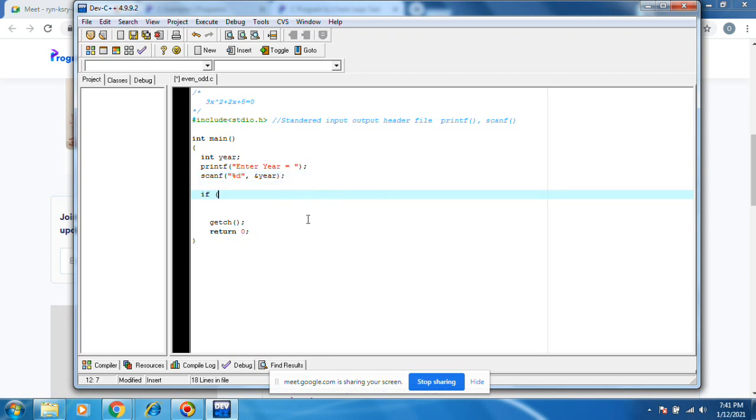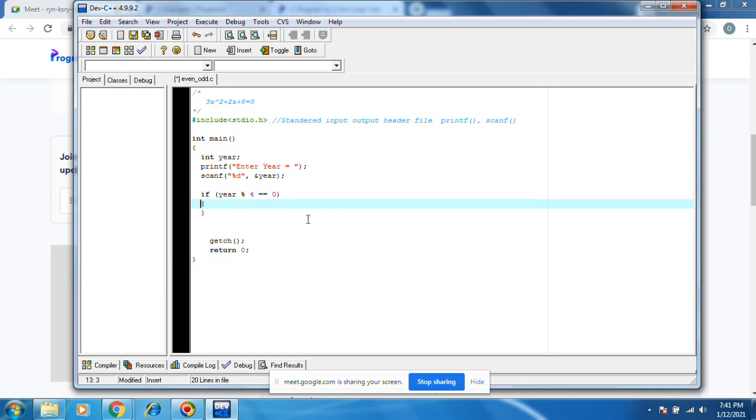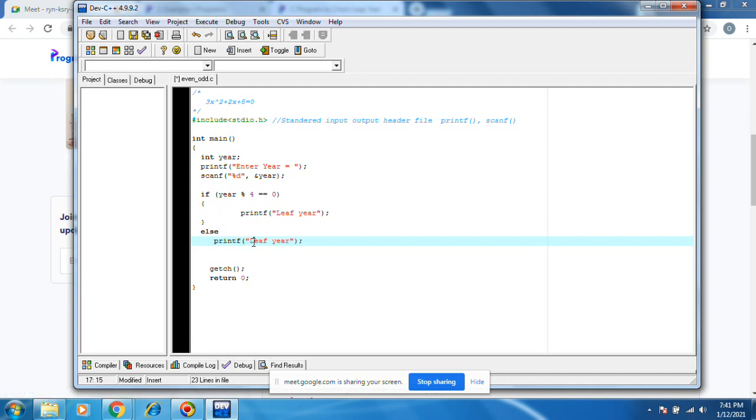If year percent 4 is equal to 0, then leap year. Else normal year.